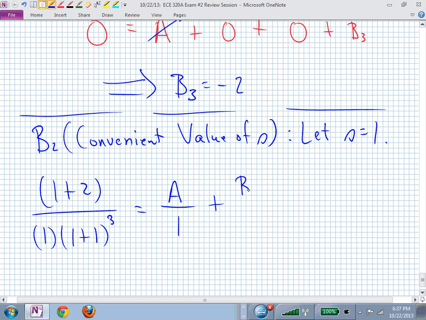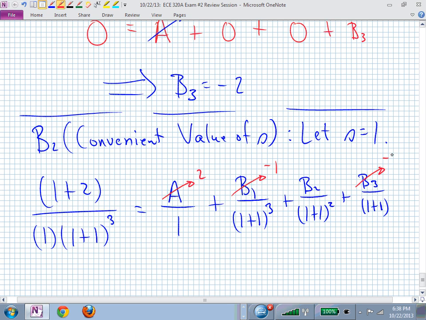Plus B1 over s plus 1 cubed plus B sub 2 over s plus 1 squared plus B sub 3 over s plus 1, where I'm replacing s everywhere with 1. And I know that A was 2. What else have I found? B1 was minus 1. B3 I found to be minus 2.